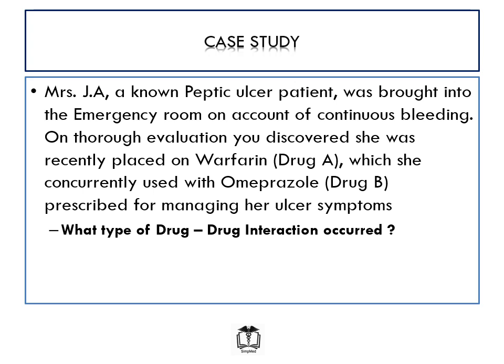Because warfarin was toxic in this particular case, which is evident by the continuous bleeding, we could infer that the omeprazole being used concurrently with warfarin led to an enzyme inhibition. And as a result of enzyme inhibition, the concentration of warfarin increased due to reduced metabolism, and we are seeing more adverse effects of warfarin, which is the continuous bleeding. So the drug-drug interaction in this case is enzyme inhibition.